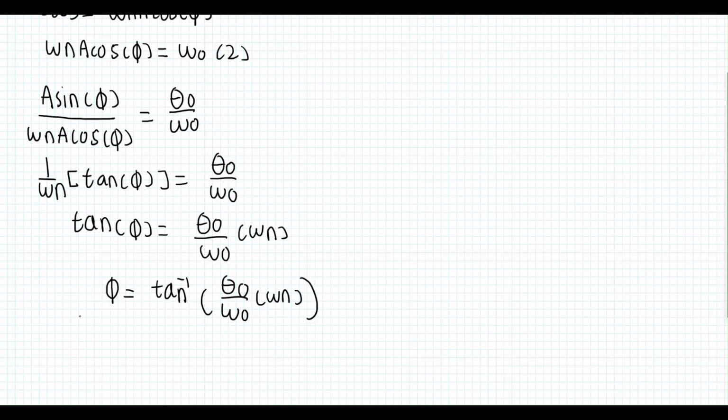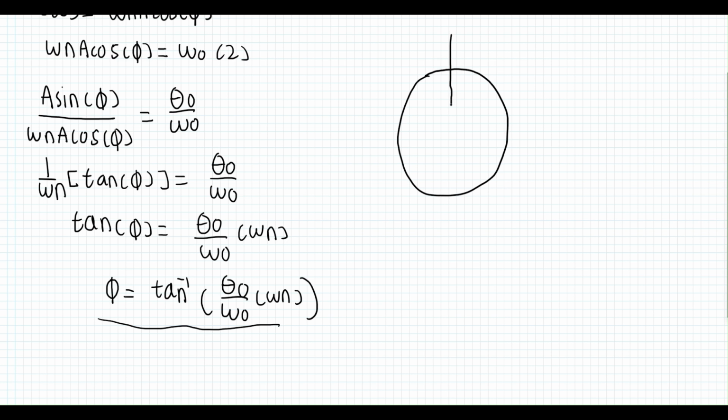Now, unfortunately, it's not just as simple as using this equation here to calculate out phi. We need to understand what quadrant the phase is in. And the way that we do that is we're going to draw out the different quadrants that our phase can be in. So we'll draw two axes.